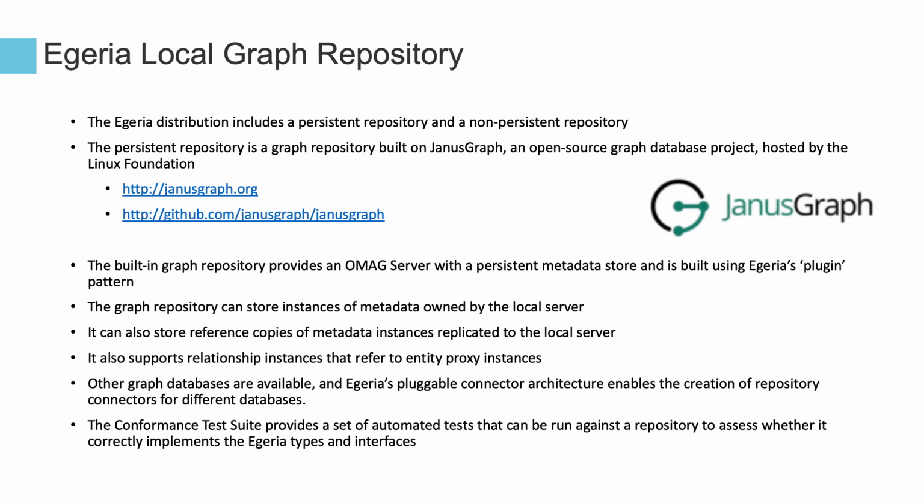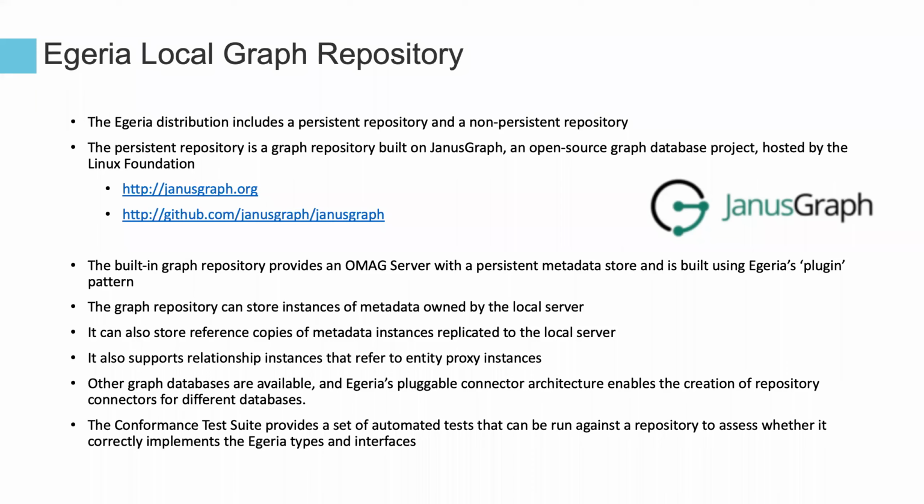I won't list them. Folks who are familiar with graph technology, I'm sure, would reel off a long list. I can think of probably about 15 off the top of my head. So if someone had a requirement that they always use a particular graph database, then it would be possible to create a repository connector for that particular graph database.